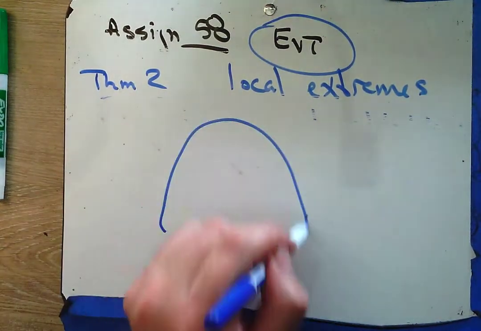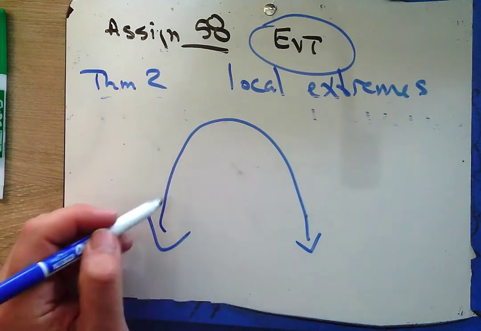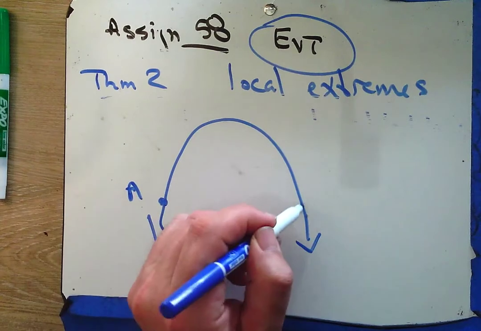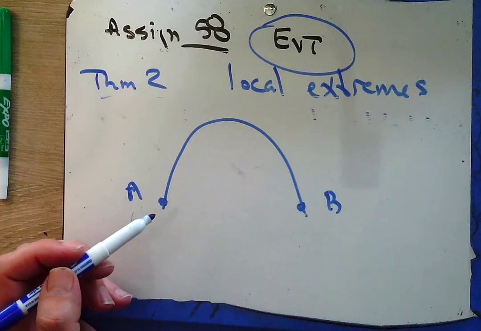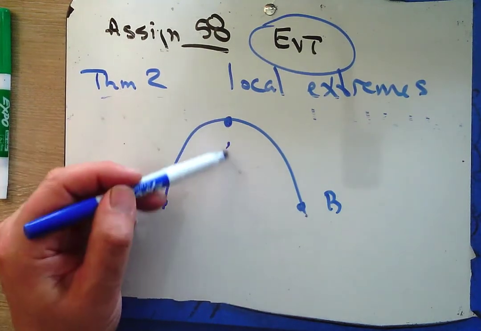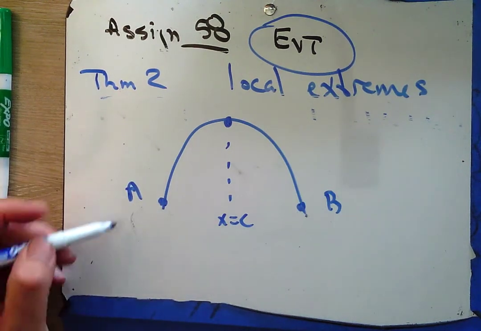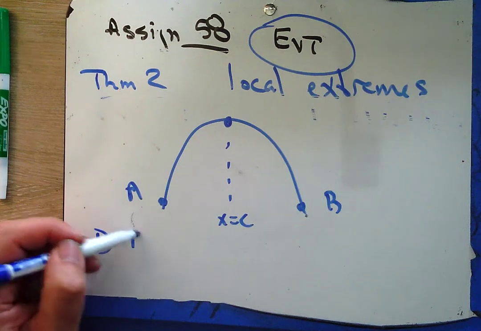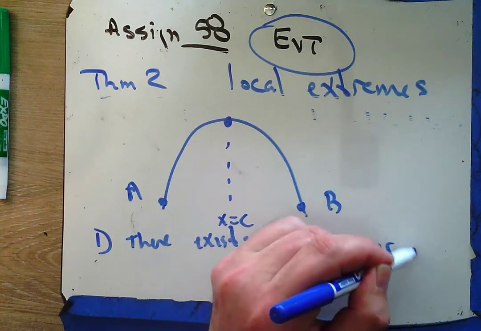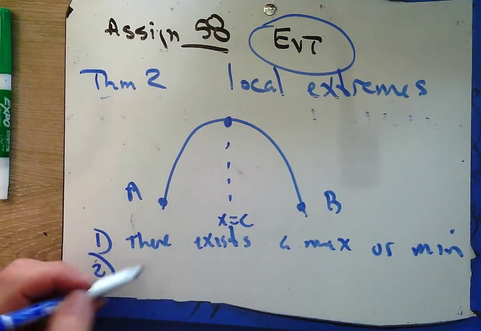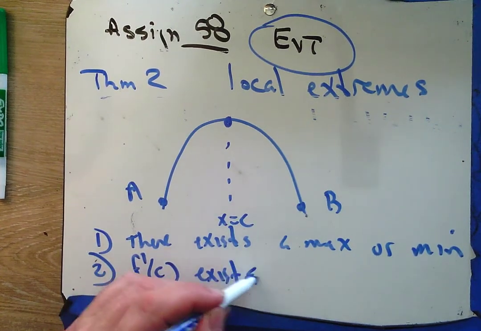If I have a function, and that function, a to b, has a local min or max at x equals c, then, and, wait, so 1, there exists a max or min. 2, f prime of c exists also.